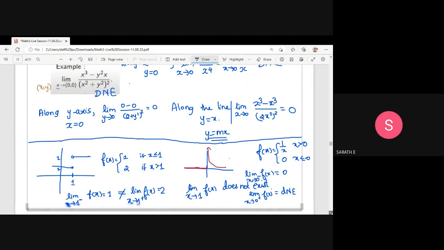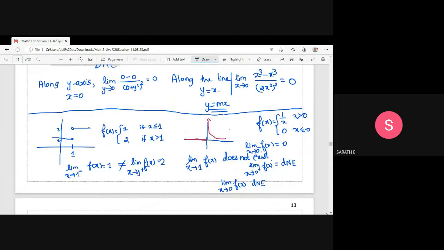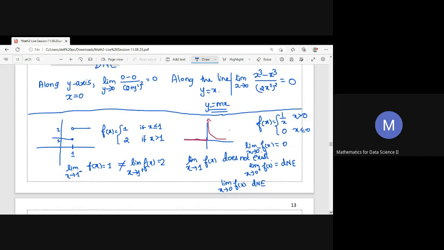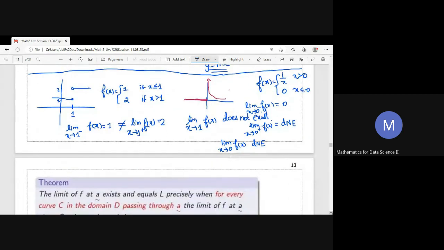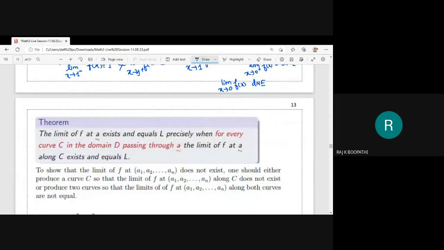Even in this problem, at x equal to 0, it is defined as 0. So you cannot say in general that the function is not defined. The limit does not exist is different from the function is not defined. Okay, thanks. Any other doubts?